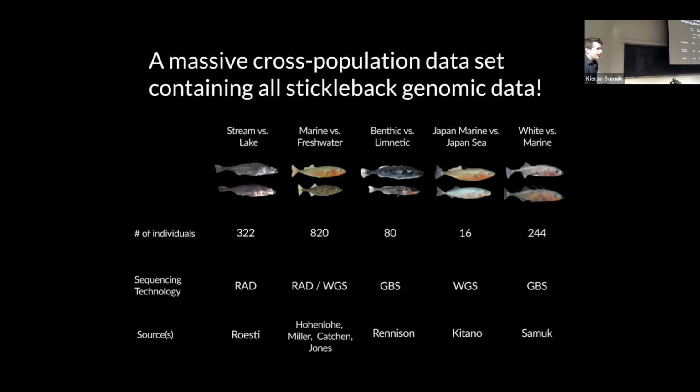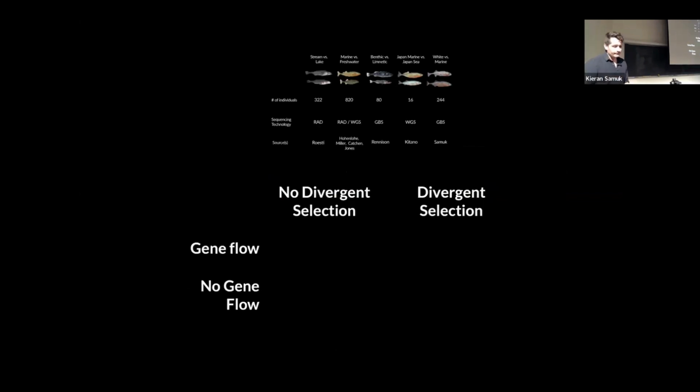And so what we did was collect, at the time, all the cross-population stickleback genetic data we could get our hands on, from a variety of different technologies, with all kinds of different interesting divergence scenarios. Because of all the amazing natural history information we had on sticklebacks, we were able to plug all of that genomic data into our little 2x2 table here.